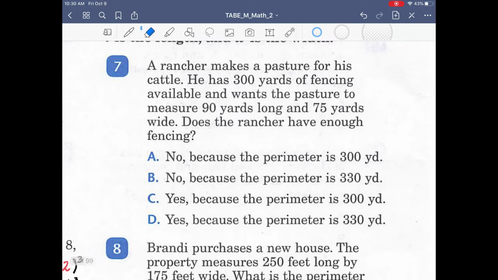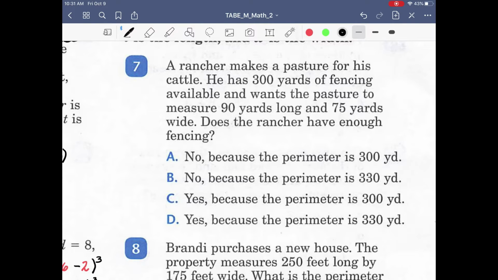Number 7. A rancher makes a pasture for his cattle. He has 300 yards of fencing available and wants the pasture to measure 90 yards long and 75 yards wide. Does the rancher have enough fencing?